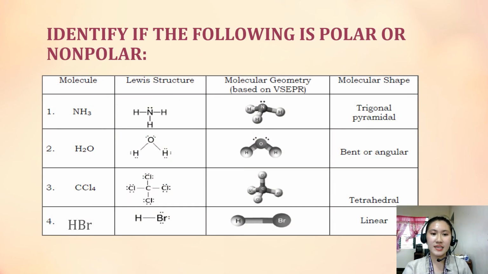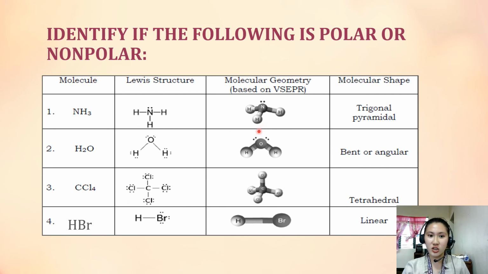So now let us identify if the following is polar or non-polar. First, we have NH3. So NH3, ito yung kanyang Lewis structure. And ito yung kanyang molecular geometry. So same ba or symmetrical ba yung Lewis structure at yung molecular geometry niya? Yes, it is the same.